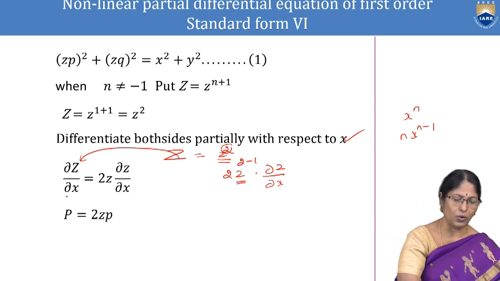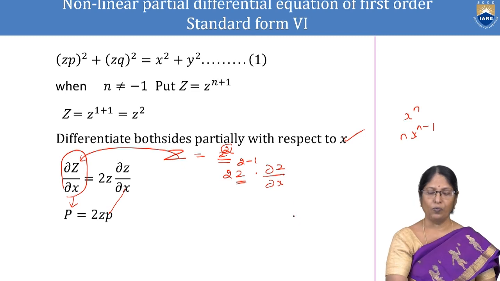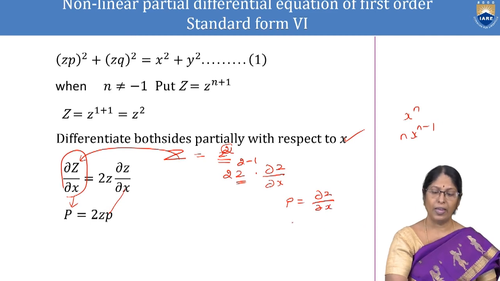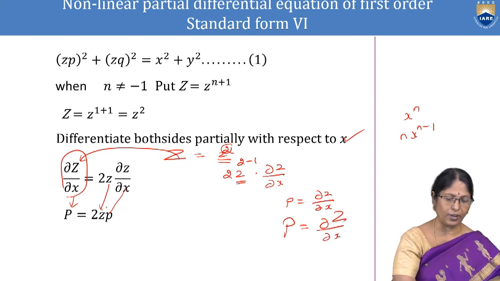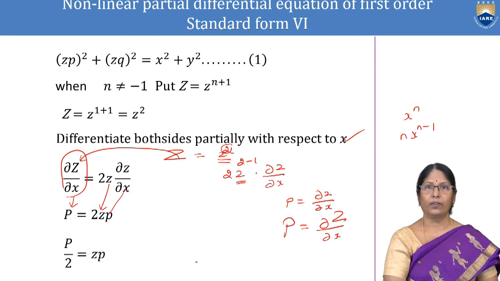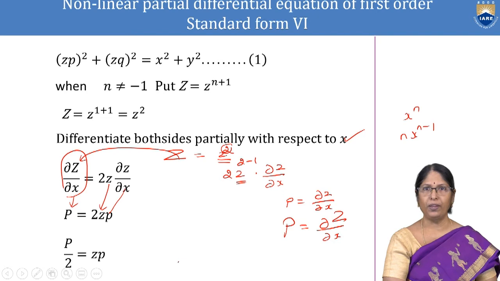Next, this notation is capital P, and small p notation is dou z by dou x. So we have to be very careful. Small p equal to dou z by dou x, capital P equal to dou capital Z by dou x. The 2z is written as it is. Yes, capital P by 2 equal to zp.